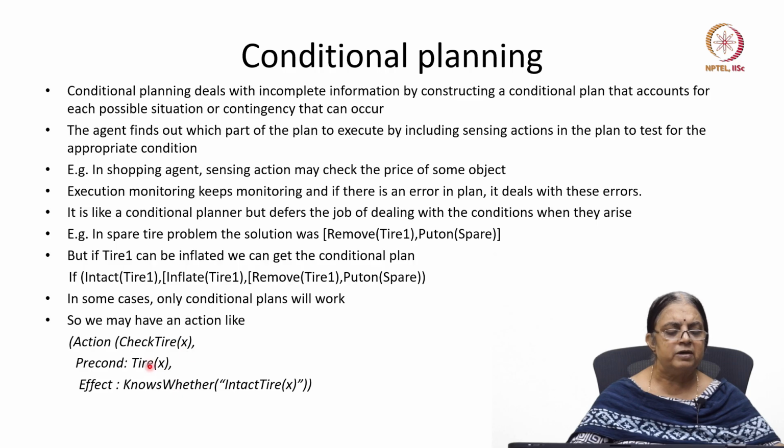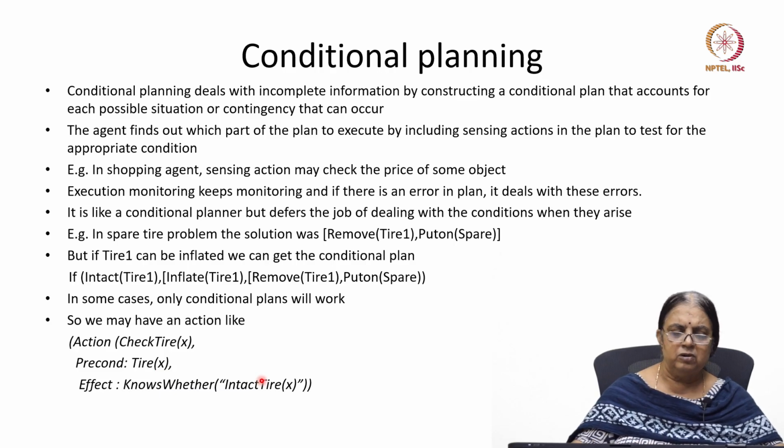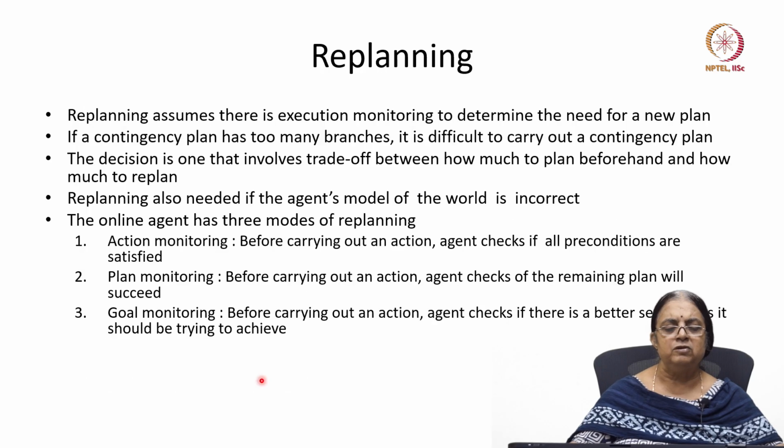So you can have an action which says check tire X. Okay, so this will mean some sensing is actually taking place, and the precondition is you have the tire X, and the effect of this is what? To know whether it is intact or not. You will know whether intact tire X is true or false, and then you can use that in the plan that you are carrying out.